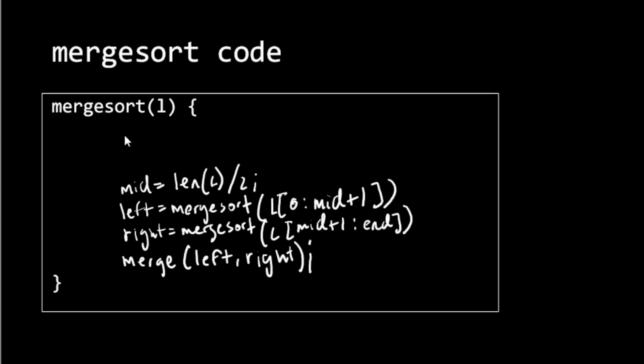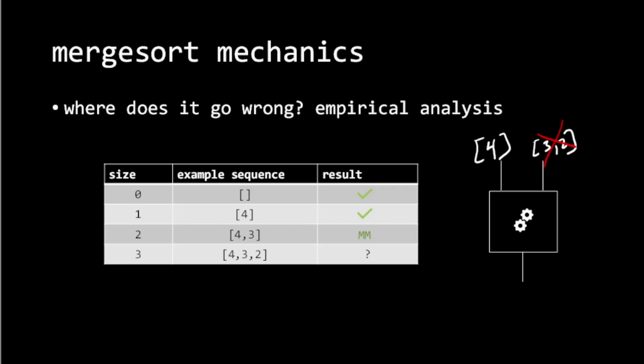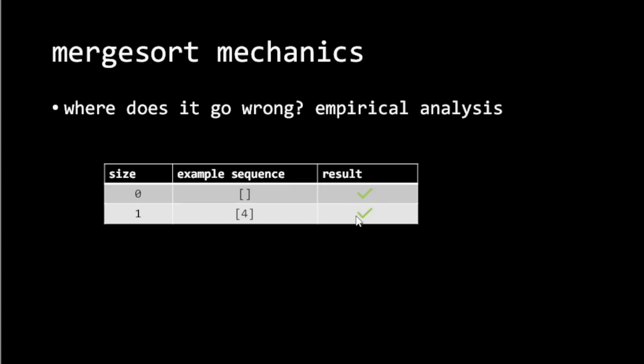So the base case here: if length of L equals 0, or length of L equals 1, then you can just return L. And this actually mirrors this table we had earlier, where these simpler cases were trivially sorted, right, without doing any work.